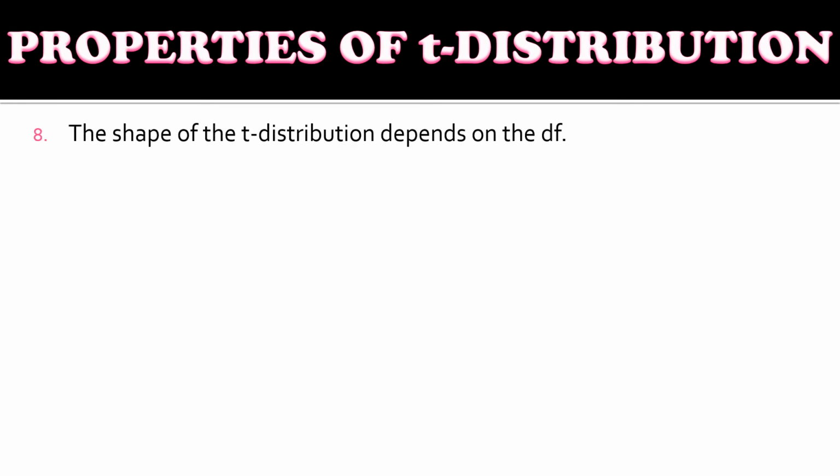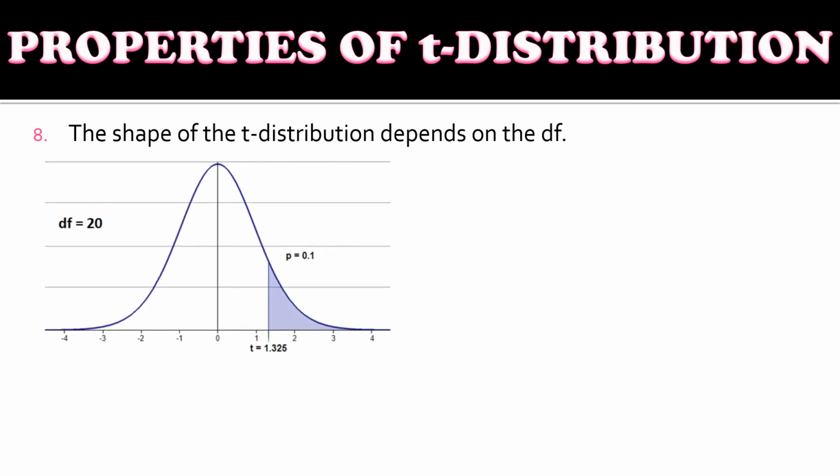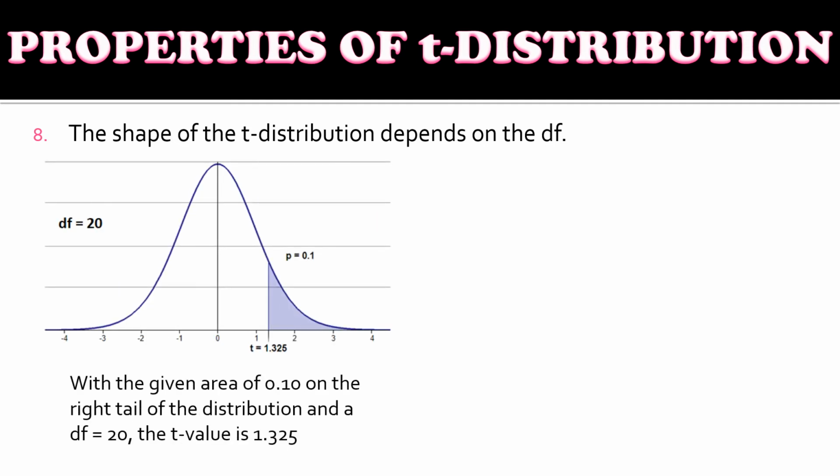Lastly, the shape of the t-distribution depends on the degrees of freedom. So we have this graph. With a given area of 0.10 on the right tail of the distribution and degrees of freedom of 20, the t-value is 1.325.